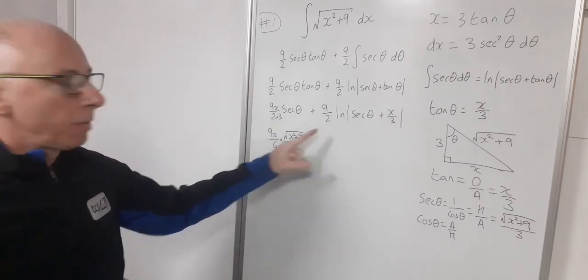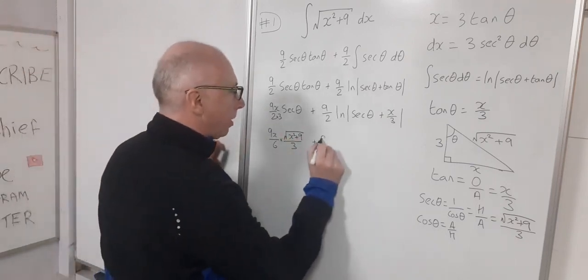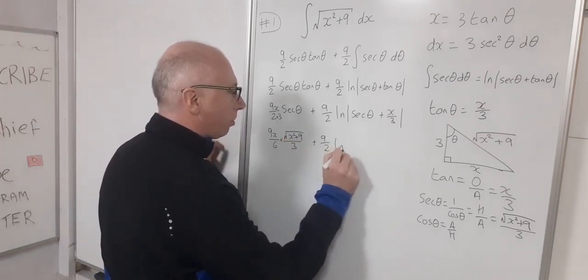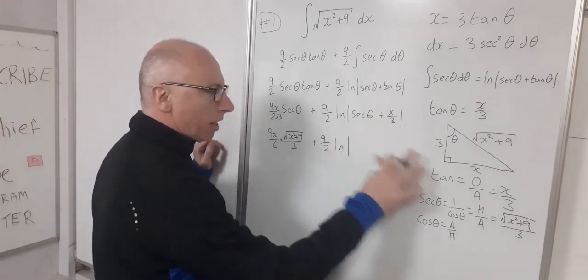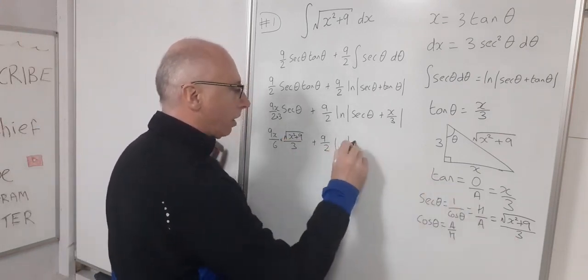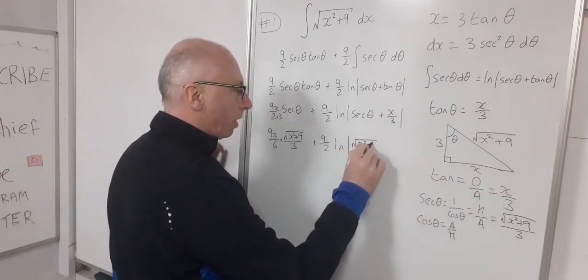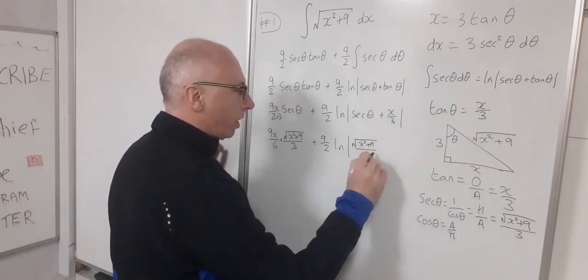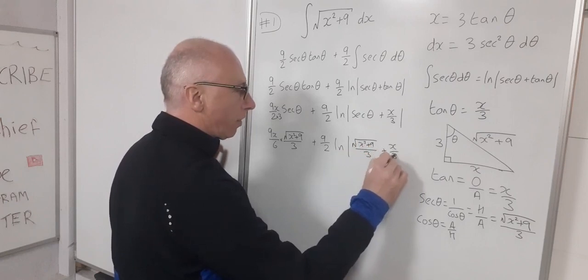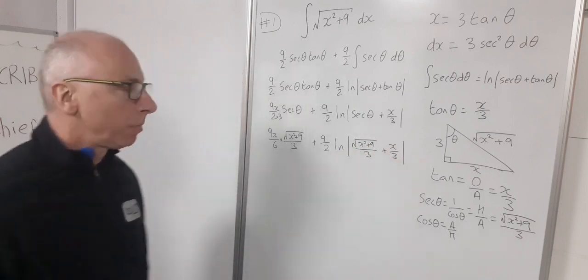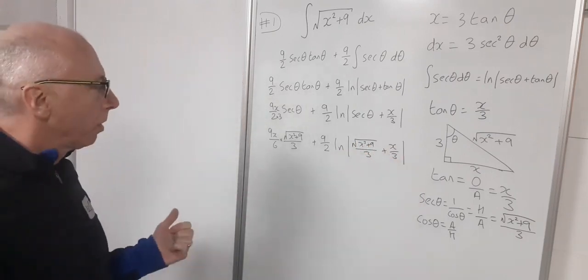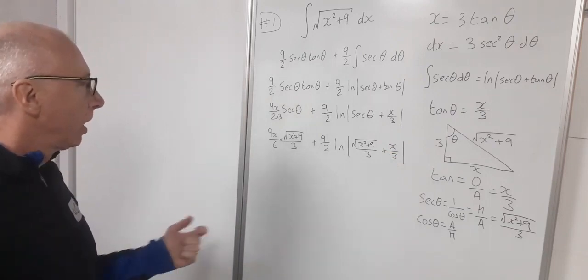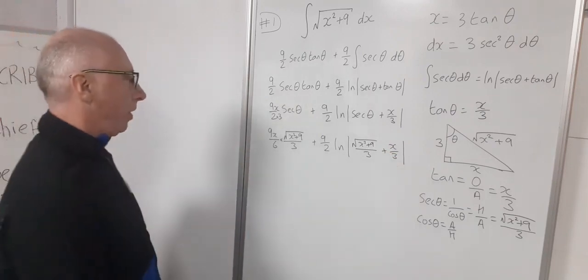Okay, now with this one, add 9 over 2 natural log secant theta, I can now plug in. So square root of x squared plus 9 over 3 plus x over 3, and that's my absolute value. Still not finished, I'm not going to put my plus c in there just yet. Just simplify this one off.